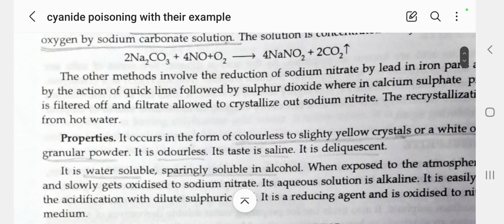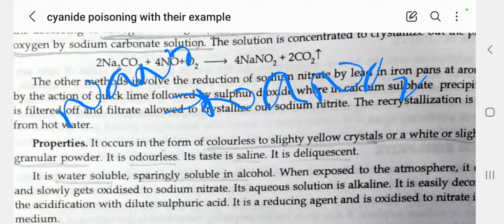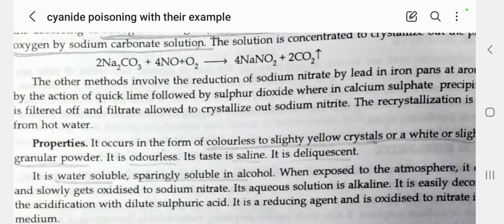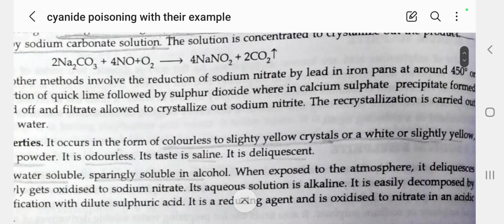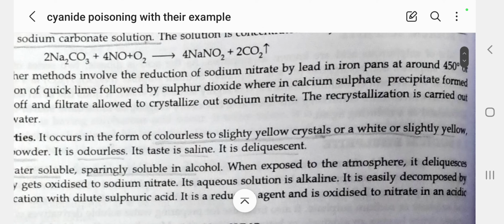It is filtered out and the filtrate is allowed to crystallize out sodium nitrite.